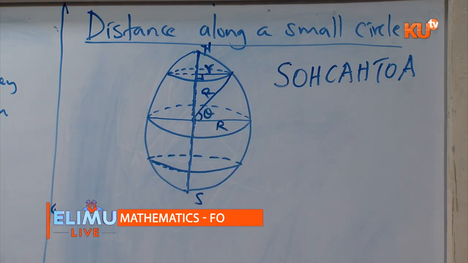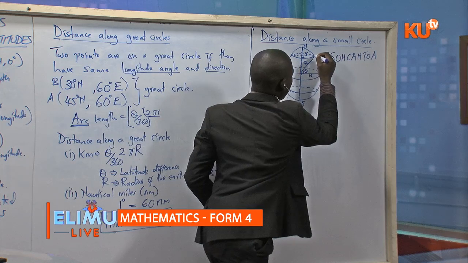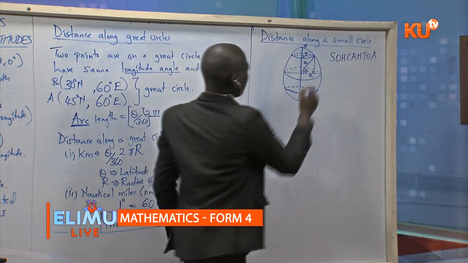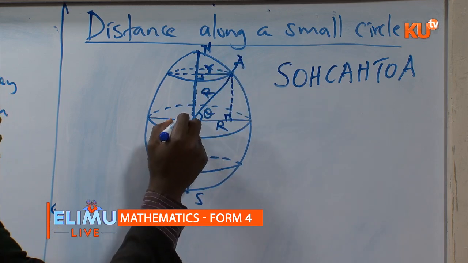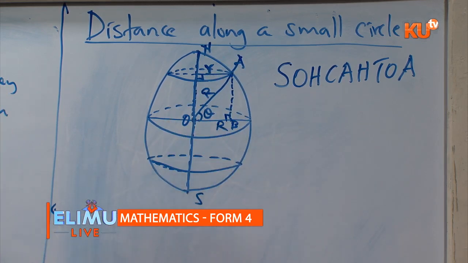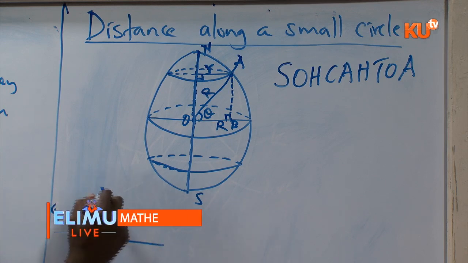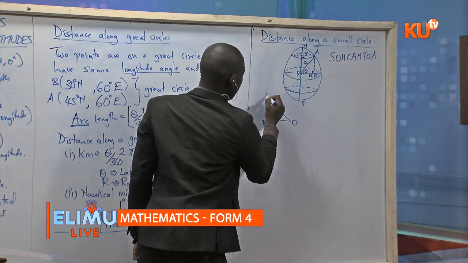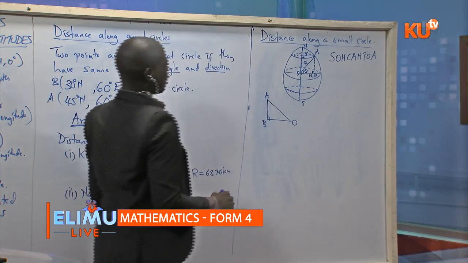So definitely, we can drop this and obtain a triangle here. I want to have this as my A, this my O, and this my B. So now we have the triangle. The triangle we are using is the triangle BOA.